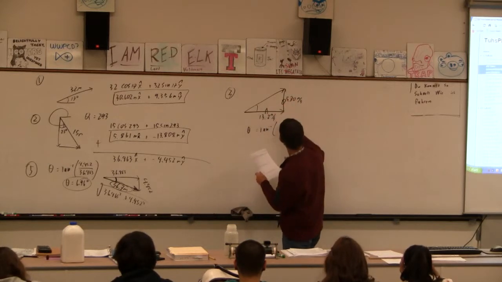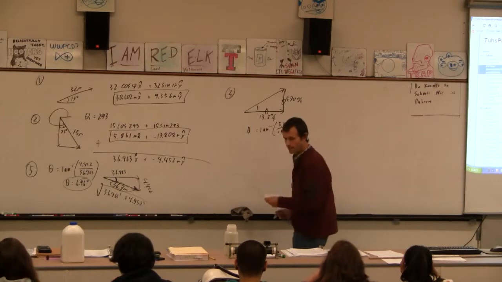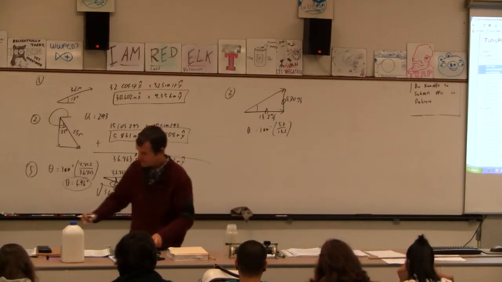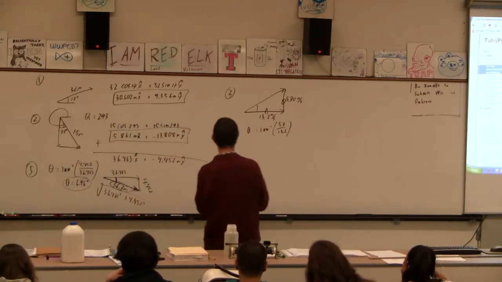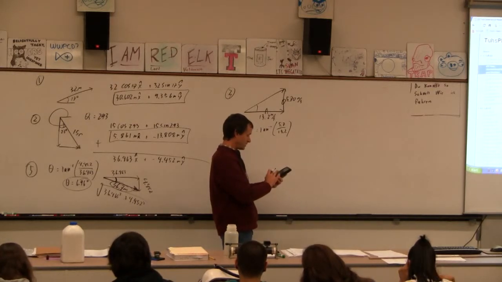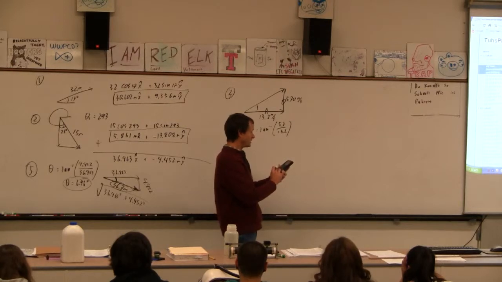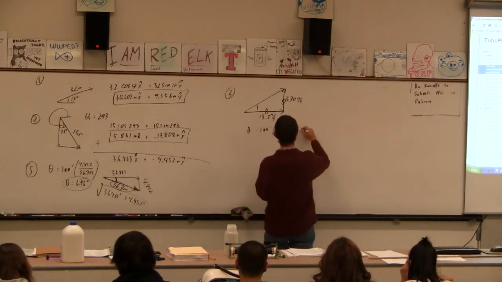That angle again is going to be inverse tan of the opposite side over the adjacent side. So 5.7 over... inverse tan of 5.7, whoops, not squared, I'm getting ahead of myself, divided by 13.2. So that angle there is 23.4 degrees.